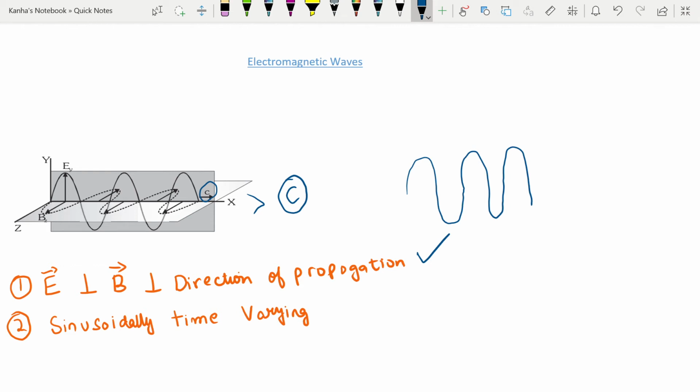So it's oscillating in the y-x plane, and similarly your magnetic field is oscillating in the z-x plane. So note that the direction of propagation will be common to both the planes. So it will be either xz or xy for the different oscillations.